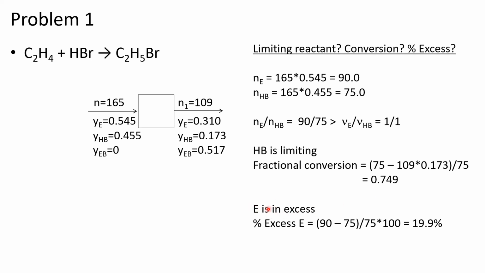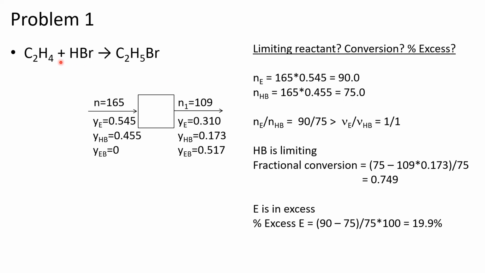We know that ethylene is in excess. To determine the percent excess, we'll take the amount of ethylene that was fed, which is 90, subtract the amount of ethylene that would react stoichiometrically with all the limiting reactant, the hydrogen bromide, and divide that by the amount that would react stoichiometrically with the hydrogen bromide. These two numbers are the same. If the flow rate of hydrogen bromide coming in is 75, then the amount of ethylene needed to react stoichiometrically with all of it is 75 as well.